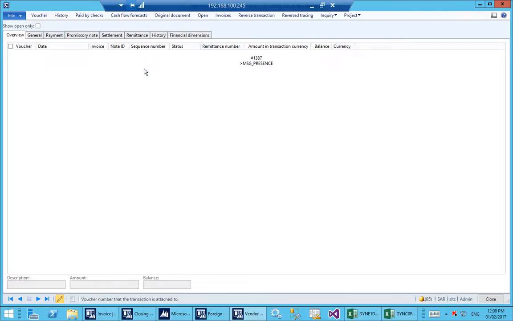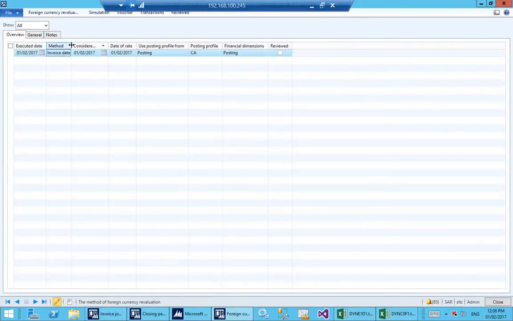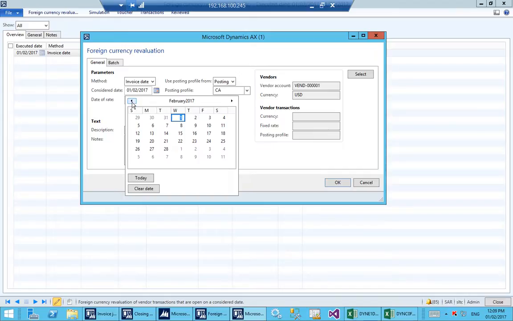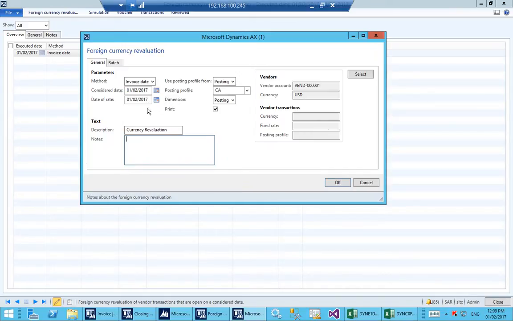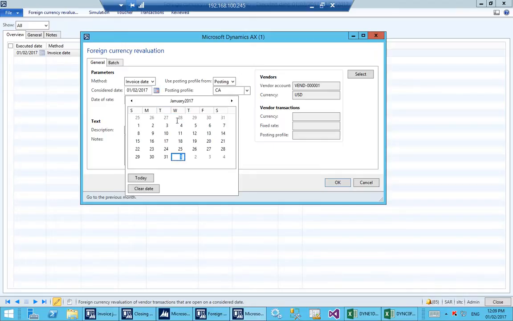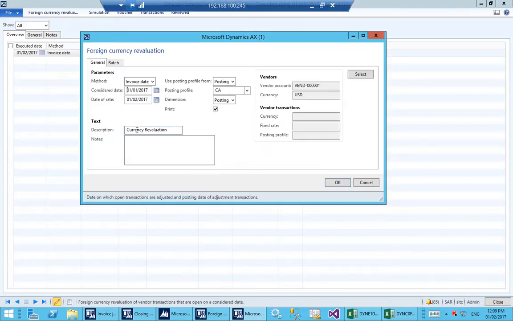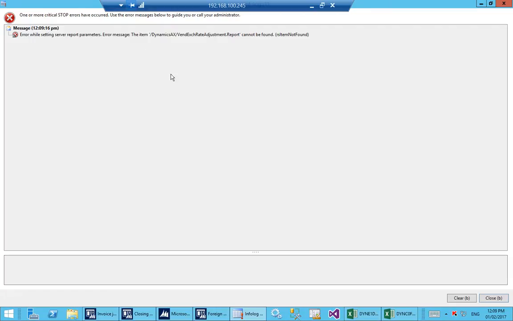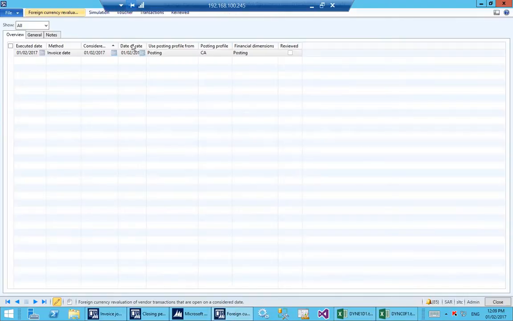Transactions. Invoice date. Date of flight. Consider the foreign currency valuation. Consider date rates. Voucher.